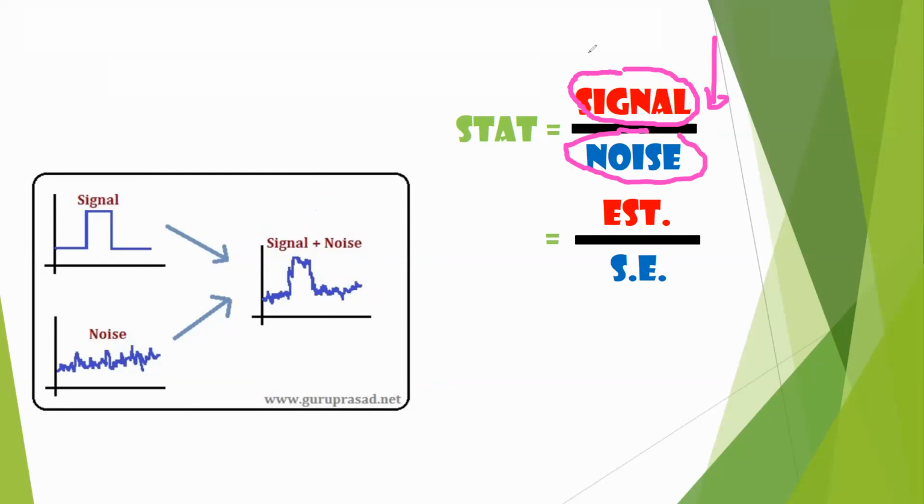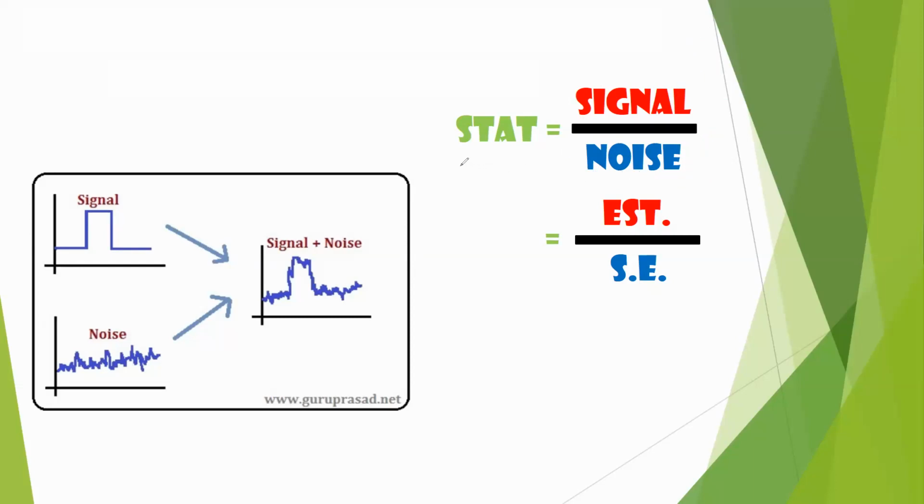If the magnitude of the signal is almost the same as the noise, that means there's no signal. On the other hand, if the signal is significantly greater than the background noise, then they can claim this might be a real signal, right? That's the signal noise ratio, which is commonly used in physics.